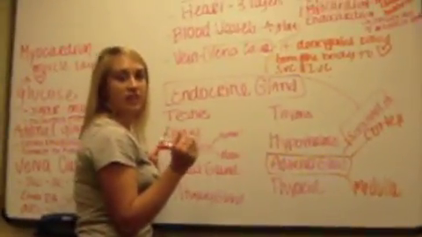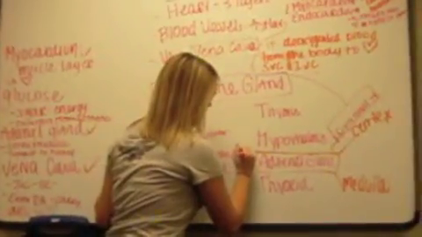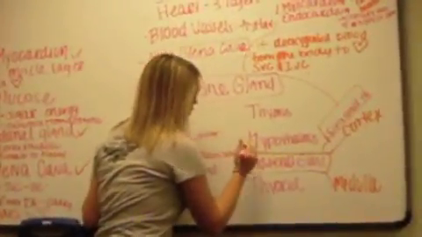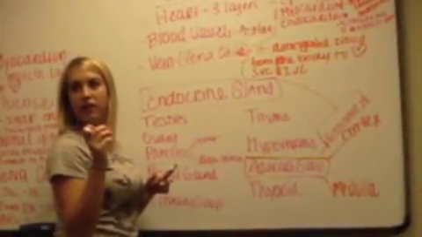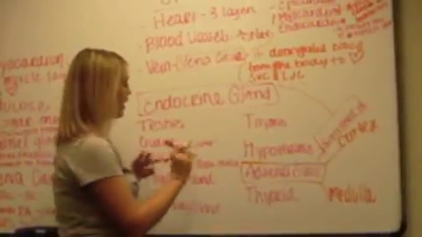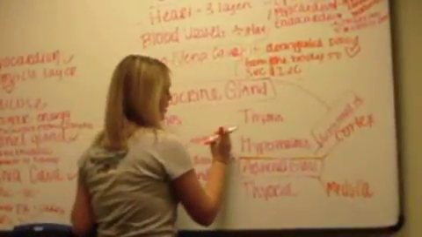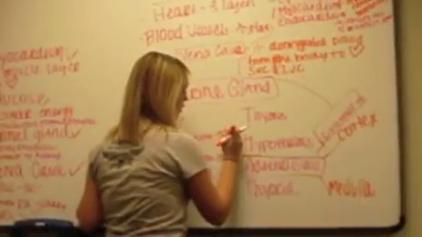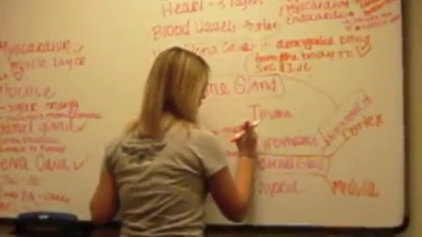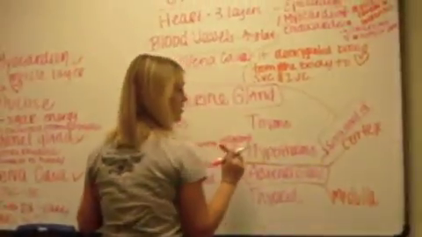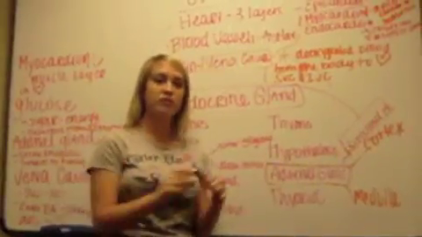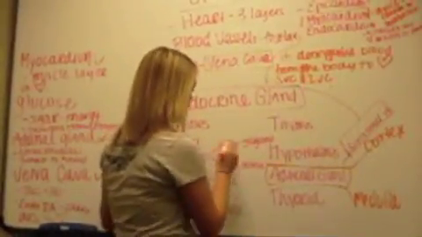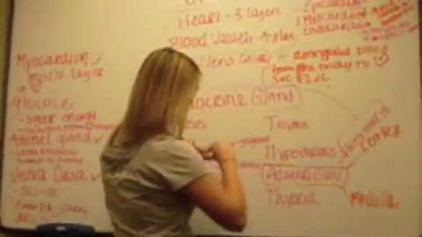And beta cells release insulin, and alpha releases glucagon, which is the chemical that converts glycogen into glucose. There you go. And this is all in the liver.